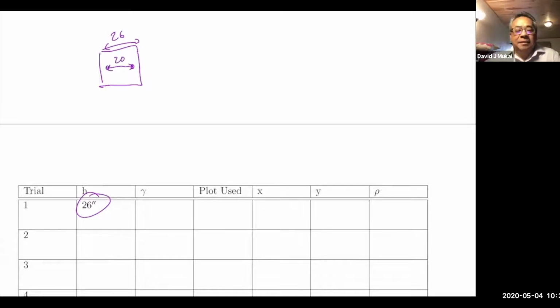Okay, I said it's 3 inches to the steel. So can you see the distance between the steel is 20 because 3 inches on each side. And this number is going to tell us which graph to use. On the exam, I just gave them the Dolan graph.